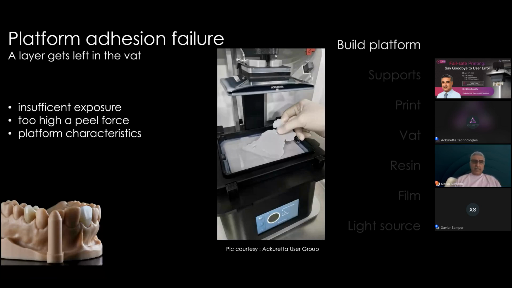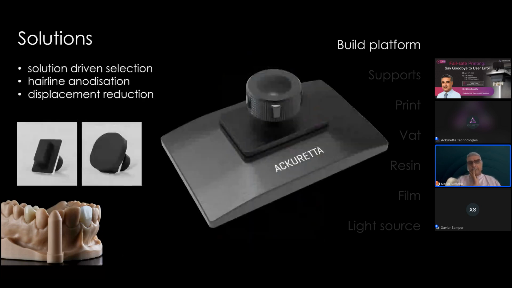Platform characteristics are important, meaning that a platform has to have the right physical characteristics for resin to actually stick to it. Now, this didn't happen with the first platforms that came out from Ackuretta in the early days, but certainly later on, Ackuretta started to redefine the quality of their platforms much more.